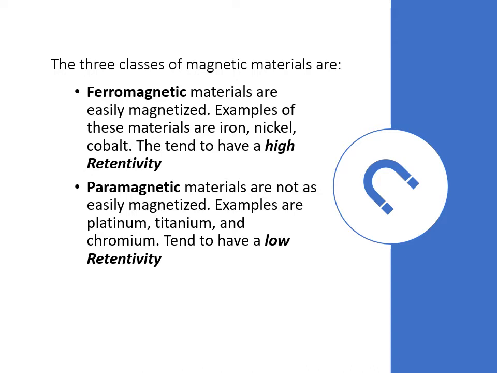Paramagnetic materials are not easily magnetized, and they tend to have a low retentivity. They don't tend to hold on to their magnetism for a very long time. It also takes a great deal of effort to magnetize them.